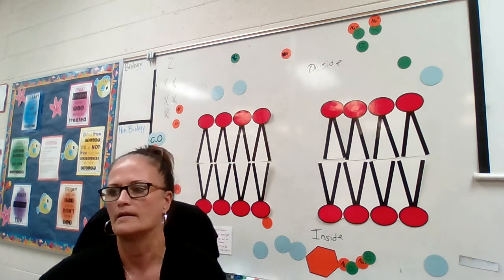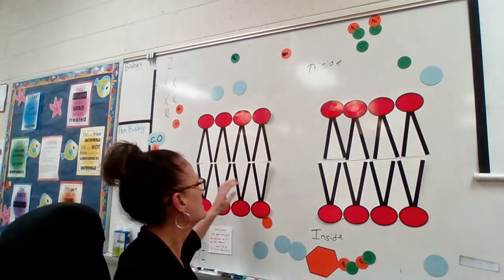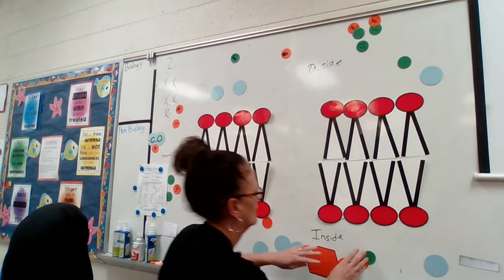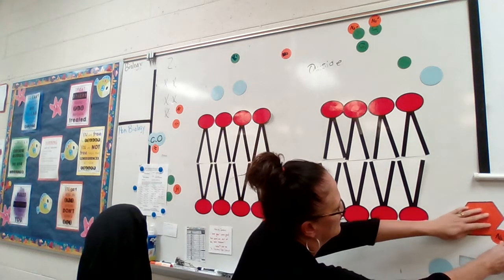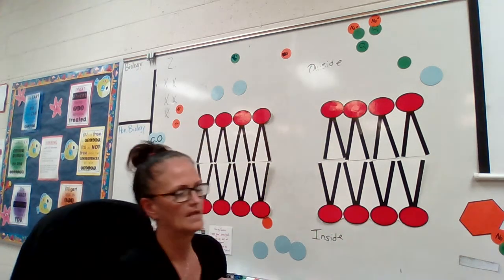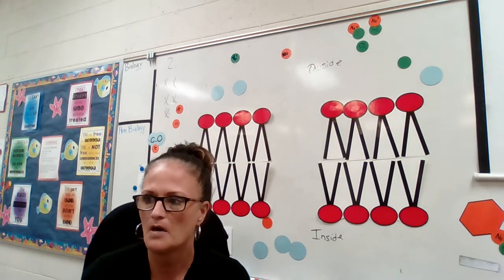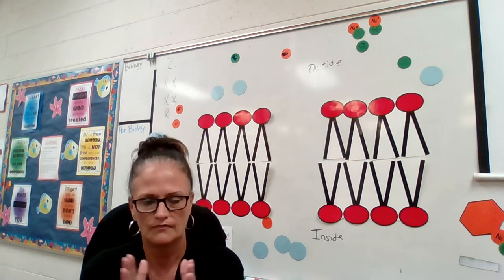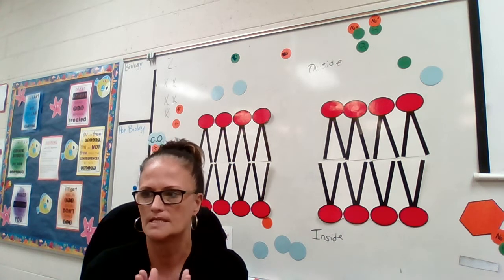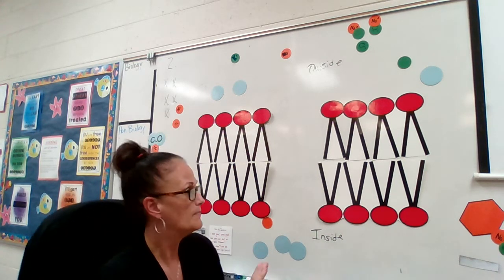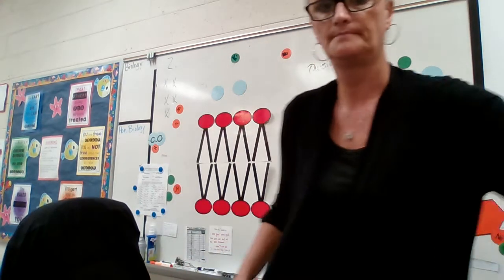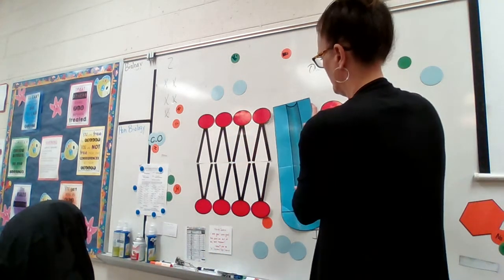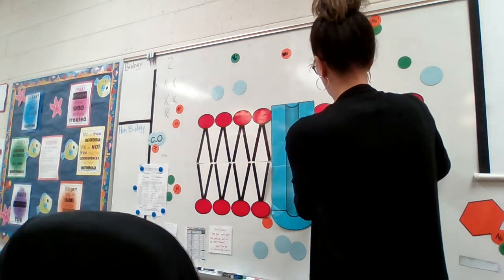Okay. All right. Now, there is a specific type of passive transport, and it's called osmosis. Osmosis is simply the movement of water, a diffusion of water across a semipermeable membrane, whether it be with the help of an aquaporin or simply just slipping through.